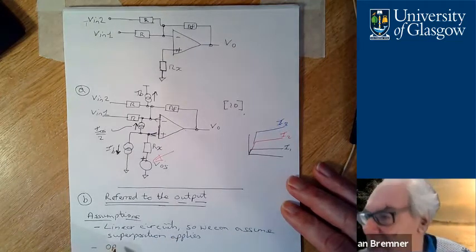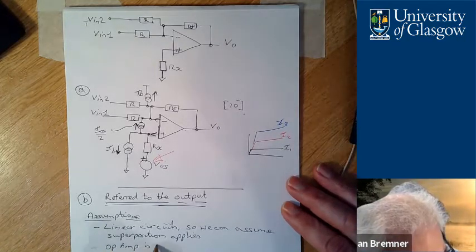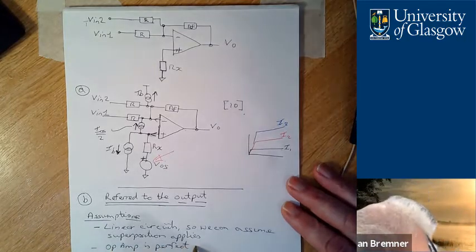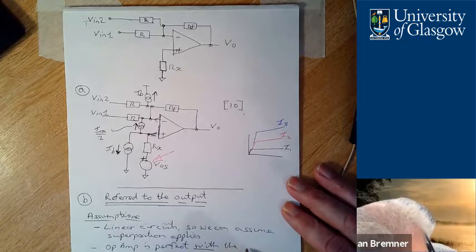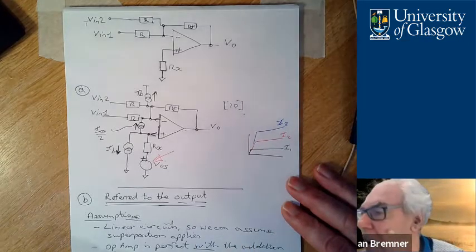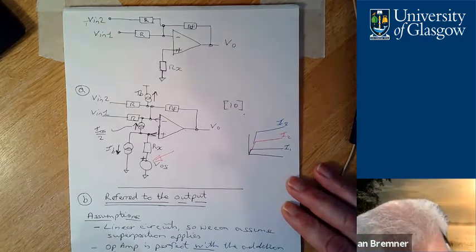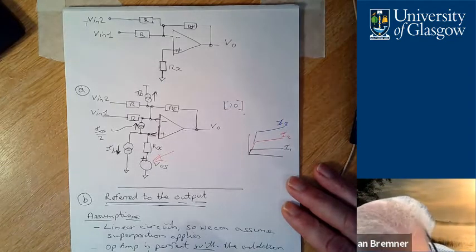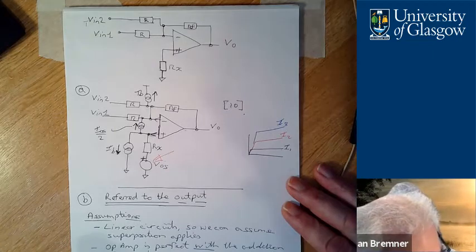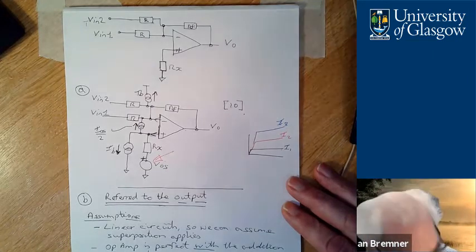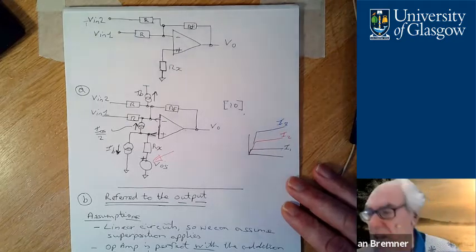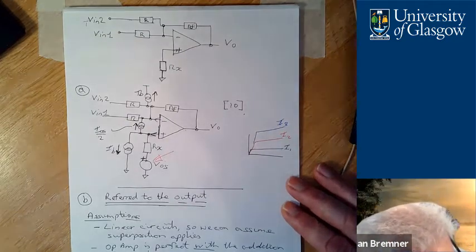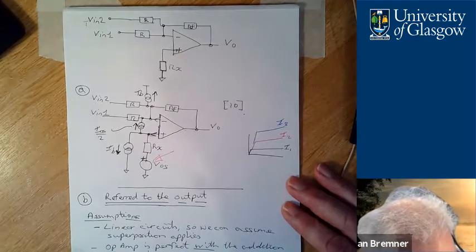Op-amp is perfect with the addition of current and voltage sources to create an imperfect model. And the third one is a classic op-amp one. Zn equals infinity.